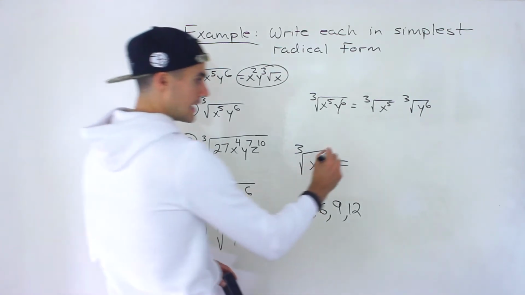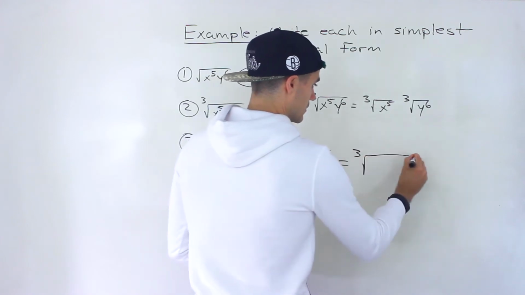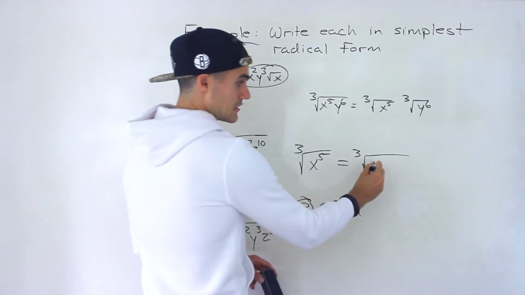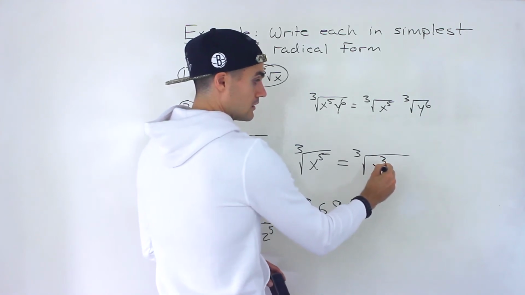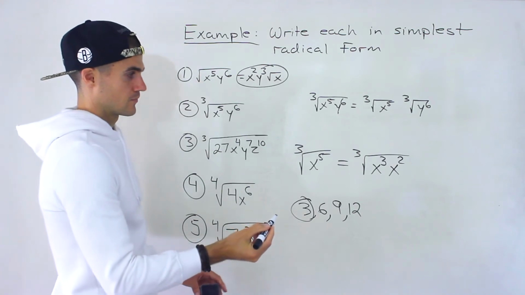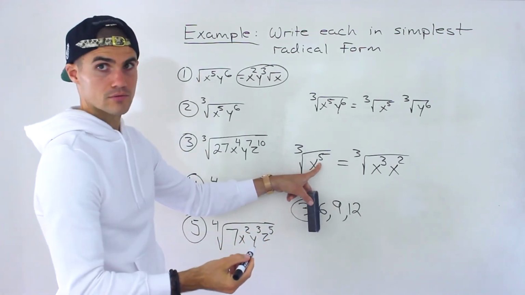And so we could take that x to the 5 and break it down to be x to the power of 3. What would be remaining? 2, right? 3 plus 2 gives us 5.